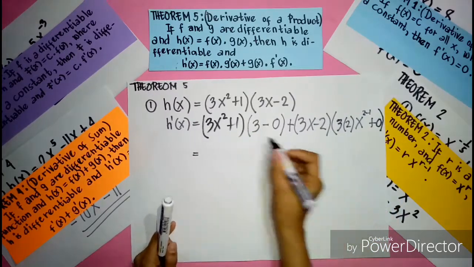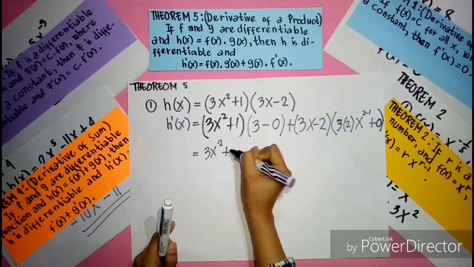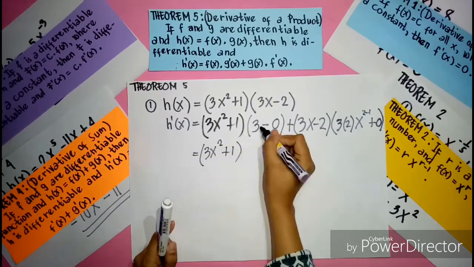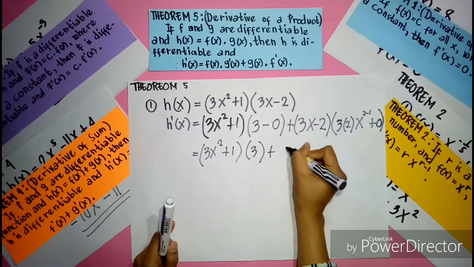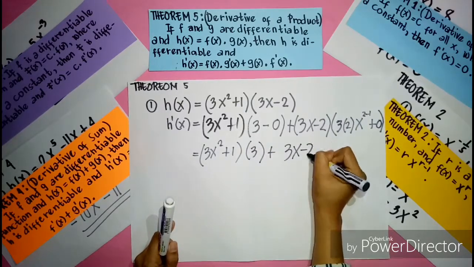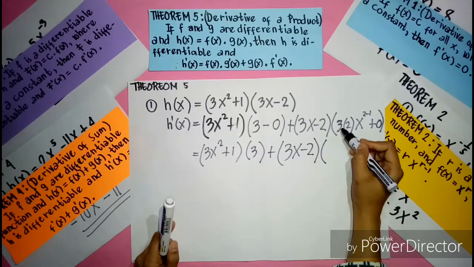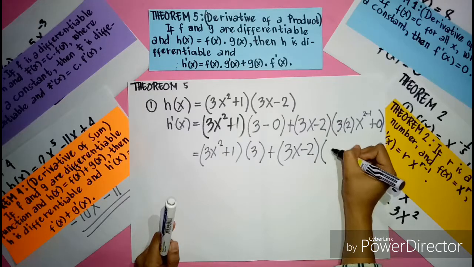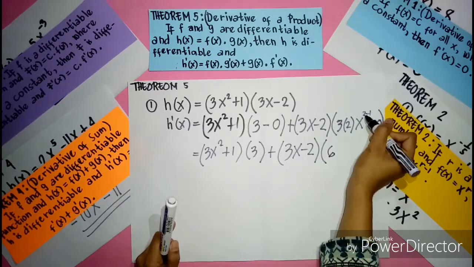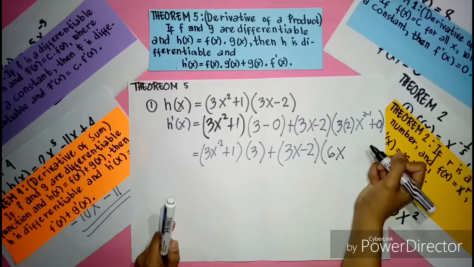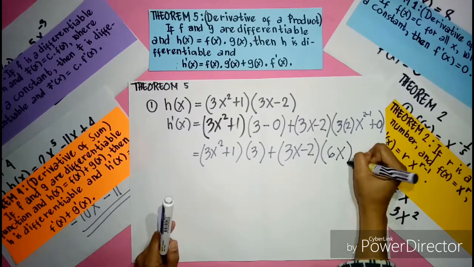Then simplify: 3x squared plus 1, 3 minus 0 is 3, plus 3x minus 2 multiplied by this one. 3 times 2 is 6. Then x to the 2 minus 1 is just x, plus 0, so just 6x.